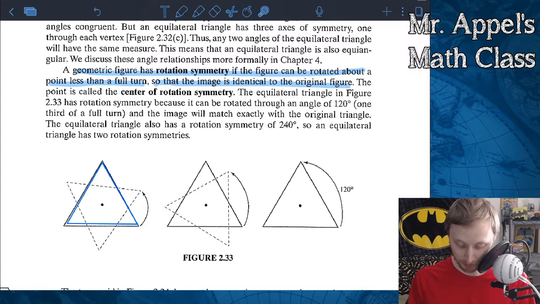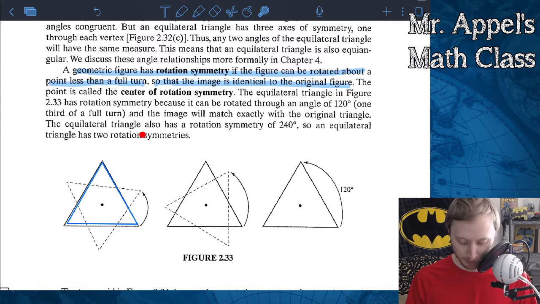That's rotational symmetry. Okay. The equilateral triangle in figure 233 has rotational symmetry because it can be rotated through an angle of, in this case, 120 degrees, 1/3 of a full turn. Remember, it's 360 all the way around. And the image will match exactly with the original triangle.